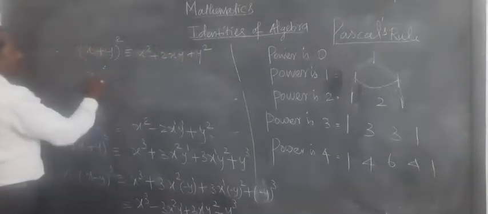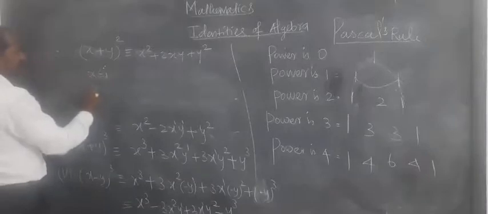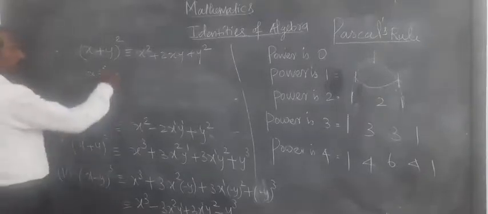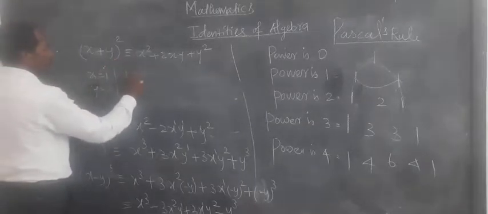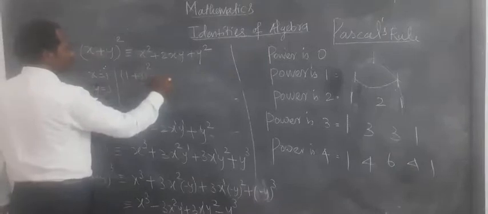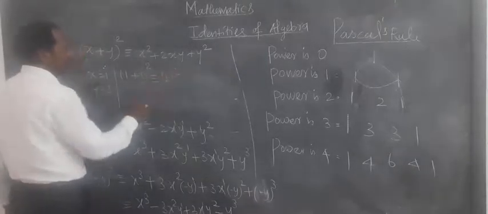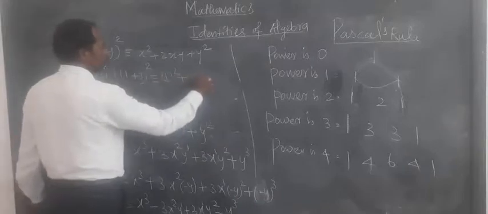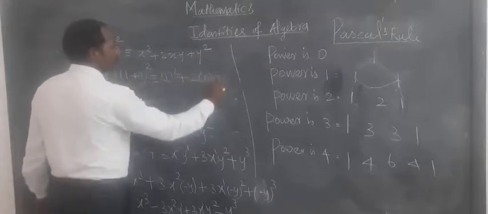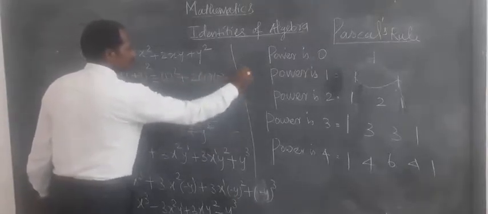Now x equal to 1 myself, y equal to 3. If I take it, I will substitute in the particular place: 1 plus 3 whole square equal to 1 square plus 2 into 1 into 3 plus 3 whole square.